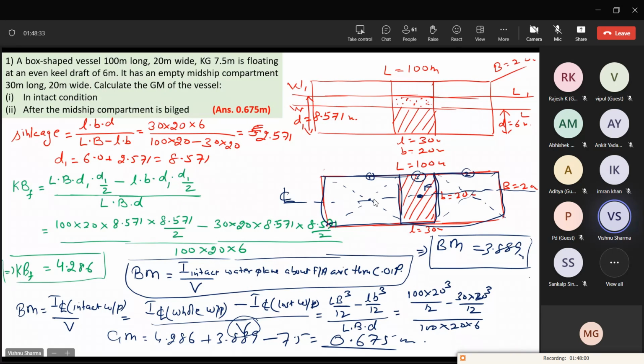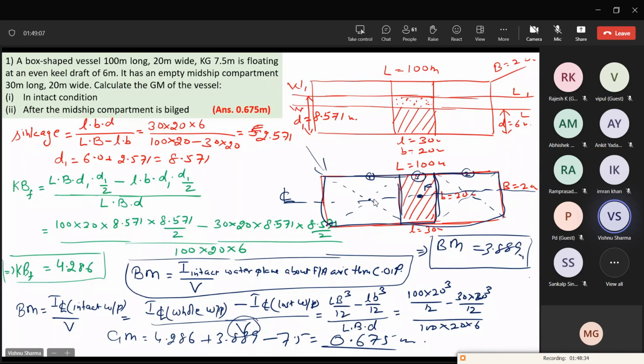Guys, in the bilged condition, in the diagram above, from keel to W1L1, if you visualize the water plane in the bilged condition from keel to W1L1, is it going to be the same as we have drawn here, or is it going to change anywhere? Same. It is going to be.